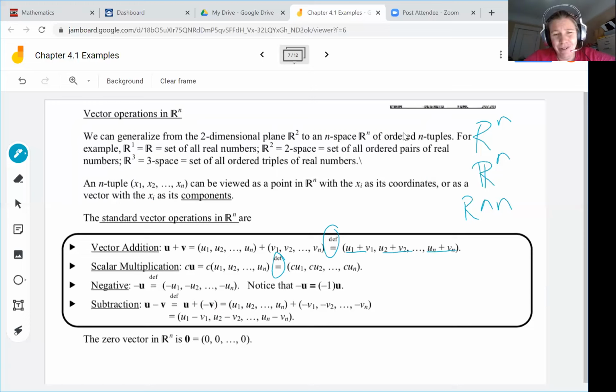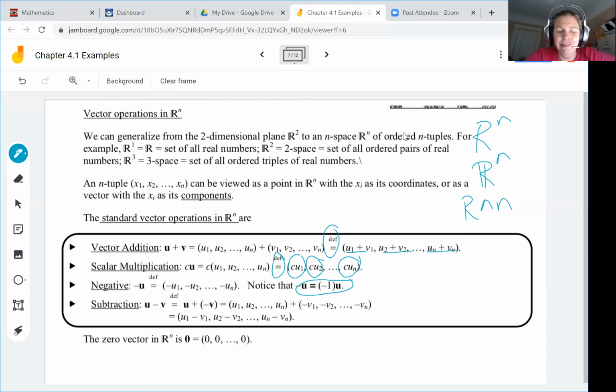Scalar multiplication works in the same way. Scalar c gets multiplied by u1, u2, all the way through component un. And negative vector u in n dimensions is just negative multiplied by each component in here. And we can still say that vector negative u is the same as saying the scalar -1 times vector u.